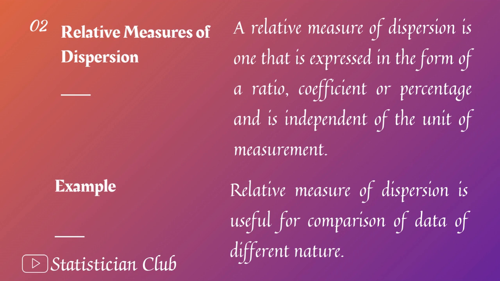Now we discuss the second type, relative measure of dispersion. A relative measure of dispersion is one that is expressed in the form of ratios, coefficients and percentages, and it is independent of unit of measurement.